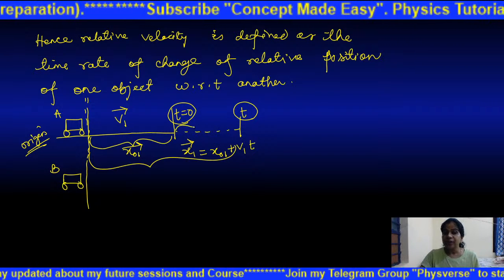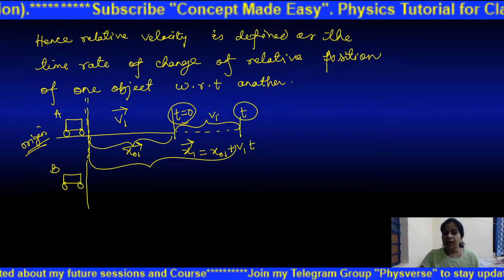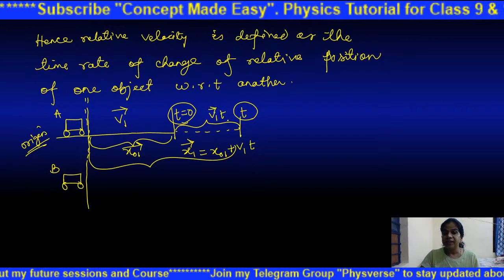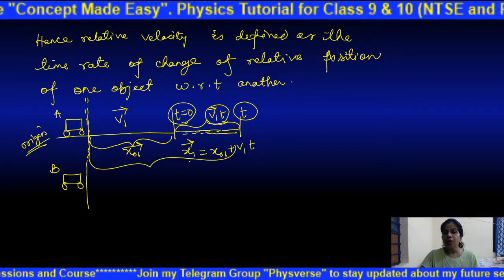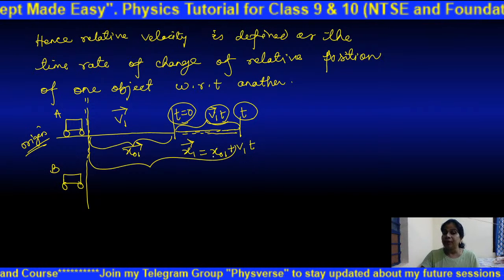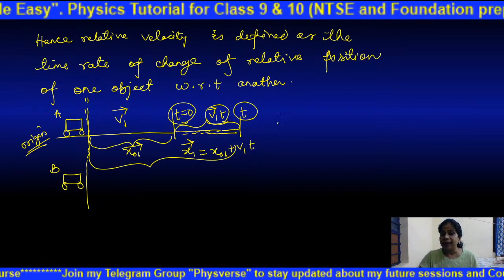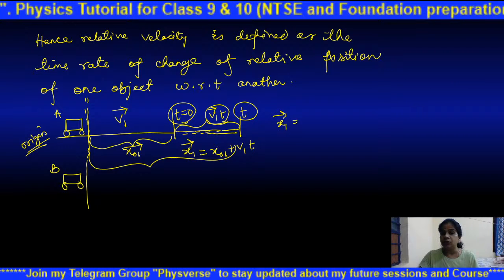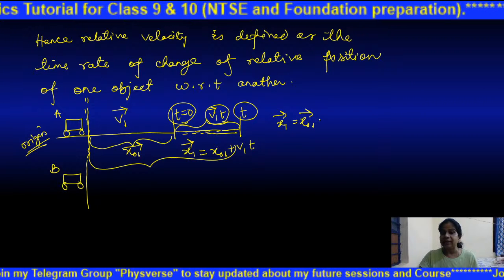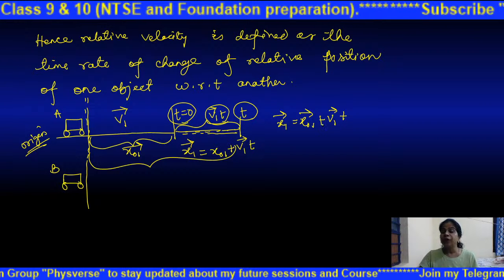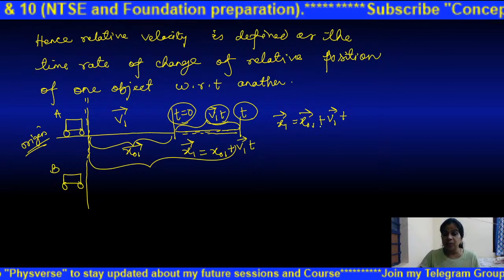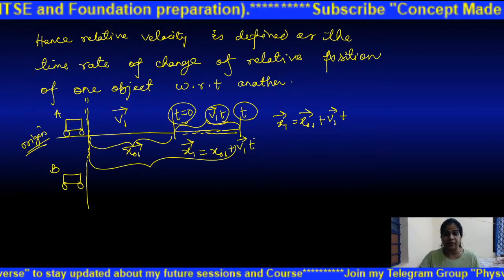I can write x1 vector is equal to x01 vector plus v1 vector into t, because displacement and velocity are vector quantities.